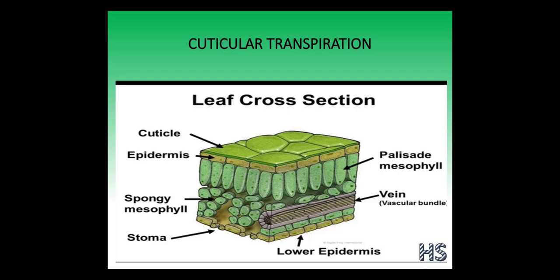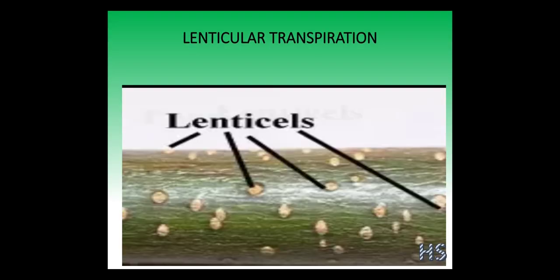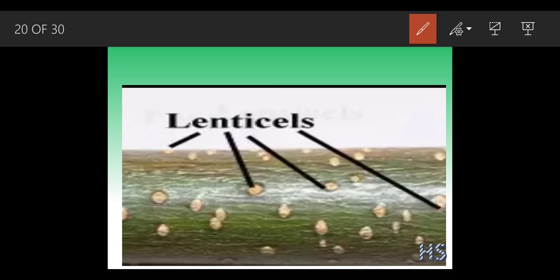Now we are going to learn the third type of transpiration, that is lenticular transpiration. First we will understand what lenticels are. Lenticels are special openings that develop on the bark of the stems.